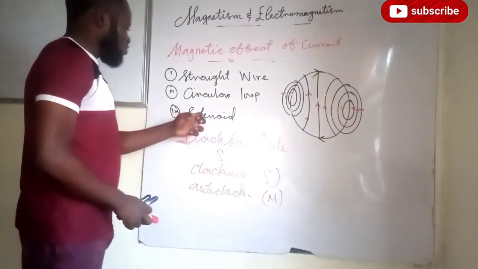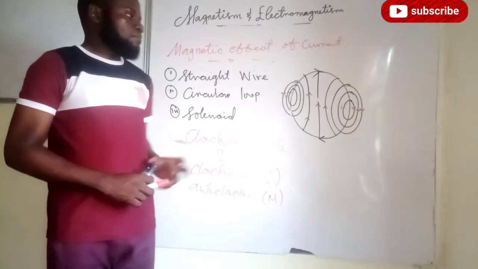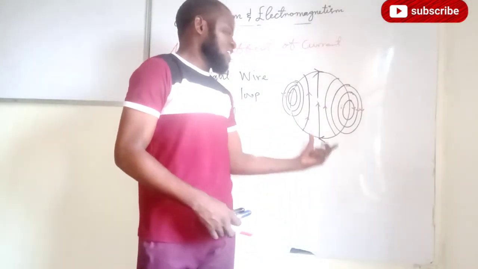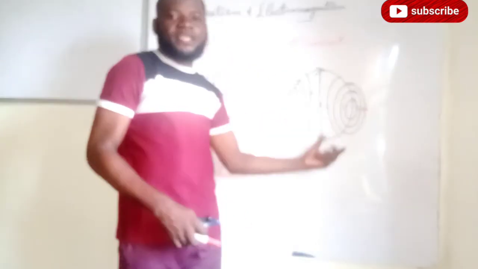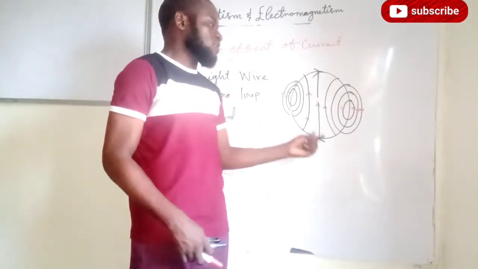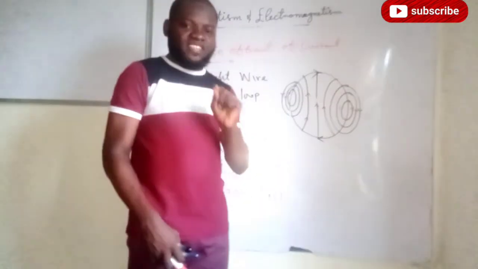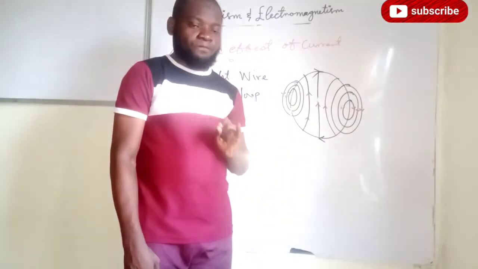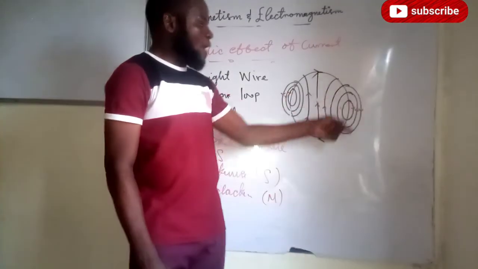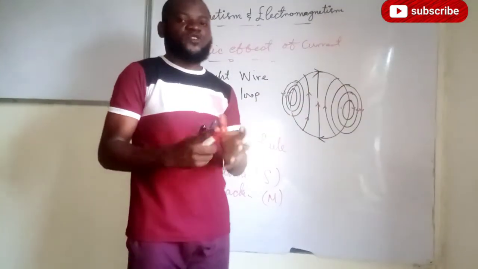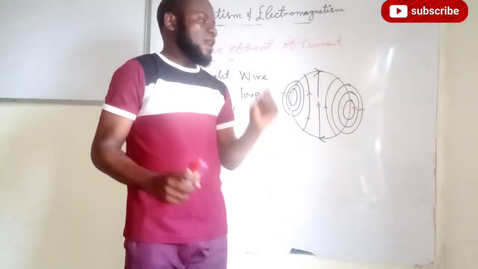Okay, the last one now, which is the solenoid. Before I go into that, how can we increase the strength of the magnetic field in a circular loop carrying current? We can increase the strength of the magnetic field simply by increasing the current. That is one. If you increase the current that flows in this loop, the magnetic field strength is going to increase.